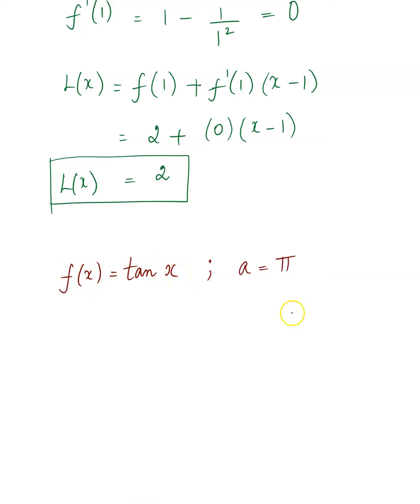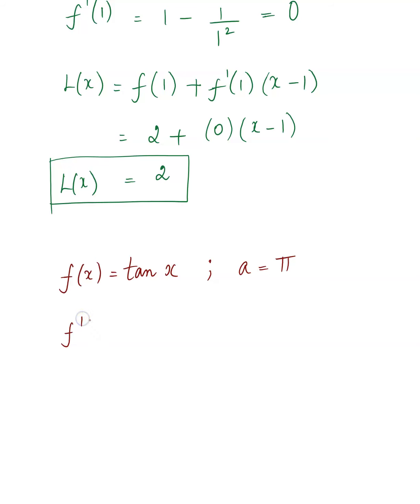You know how a tangent line looks, right? It looks like this with the asymptotes and all that. So we're going to find an approximation for this, a tangent line for this at that point, x equals pi. We call it a equals pi just for the sake of the formula, right? But it's where x equals a, which is pi.